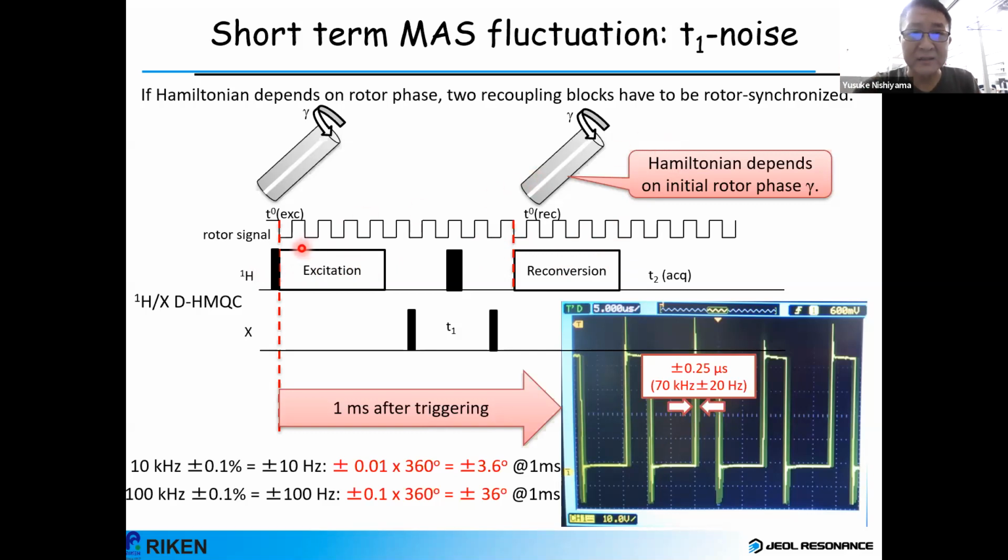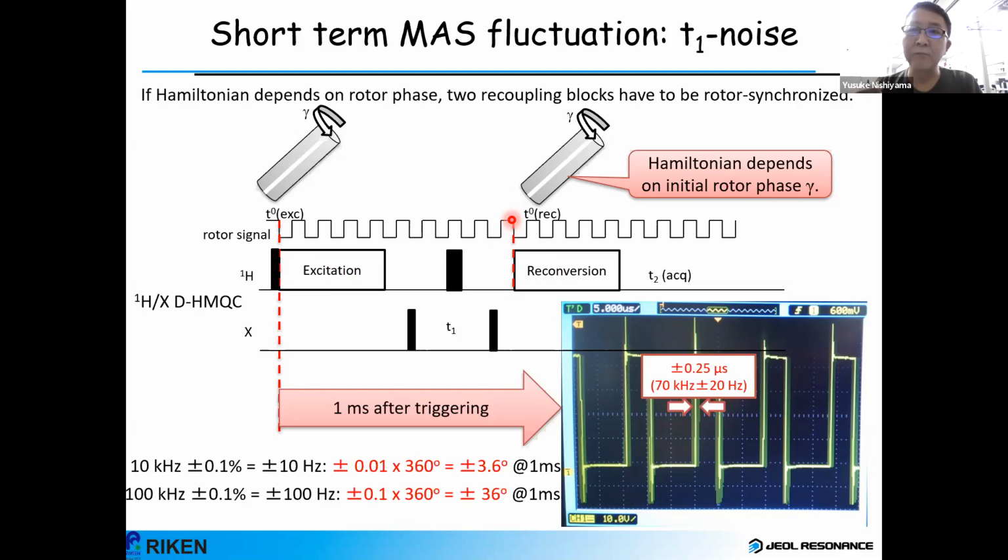So in order to achieve a perfect echo, we have to apply the sequence at exactly the same timing relative to the rotor period. That means these two sequences have to be synchronized to sample spinning. So this is why we need synchronization.